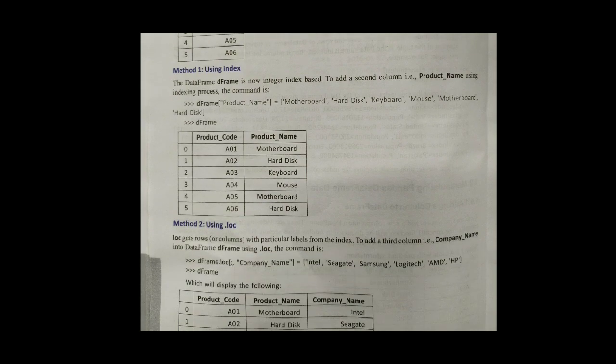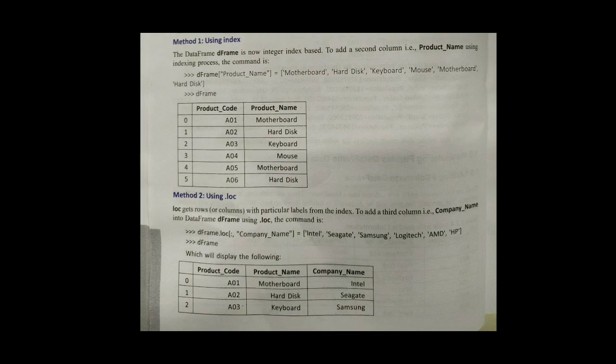The second method is using the dot loc method. Loc gets rows or columns with a particular label from the index. To add a third column, company name, into the data frame, we are using the loc method. So let us see df.loc. Just keep in mind loc is location, and we have provided colon, comma. Colon means whatever columns are already present in the data frame, you keep all those columns, and after those columns you add company name.